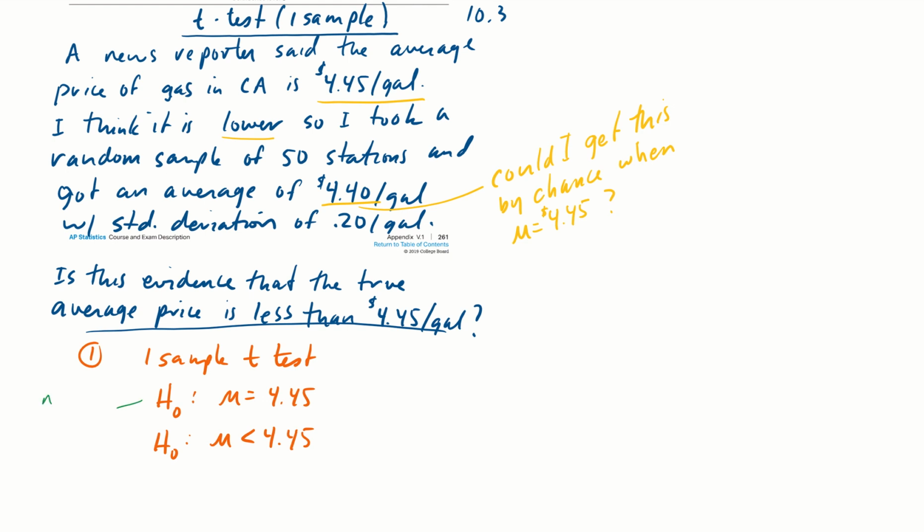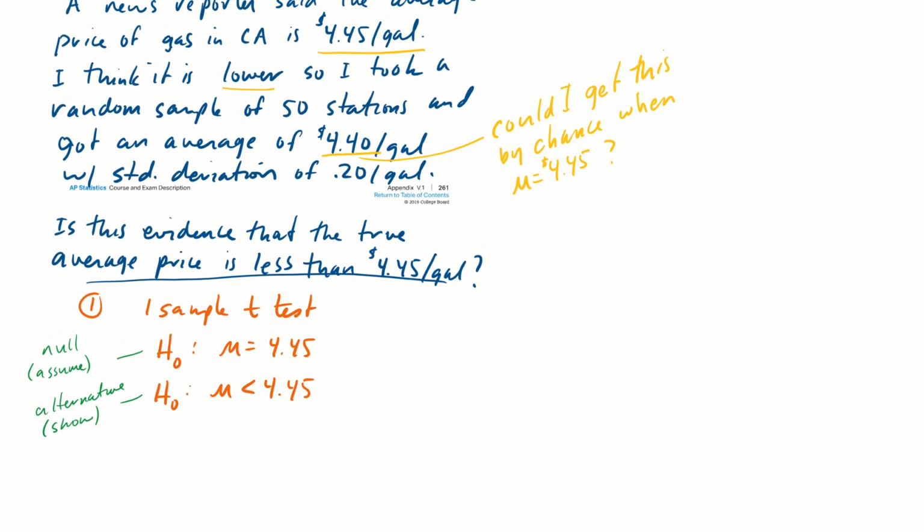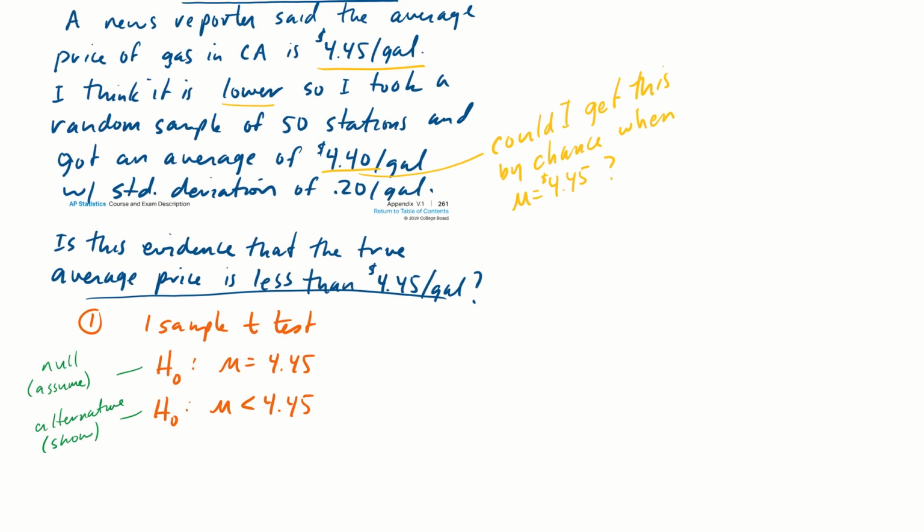This is the null hypothesis, and this is what we assume is true. This is the alternative, and that's what we want to show, hopefully. Okay, step one.